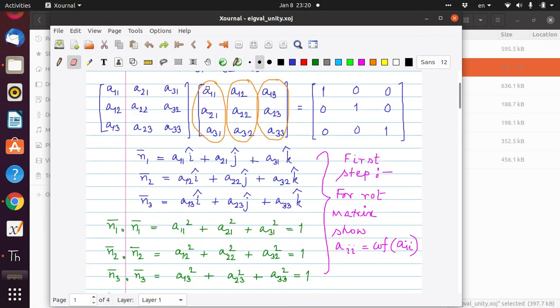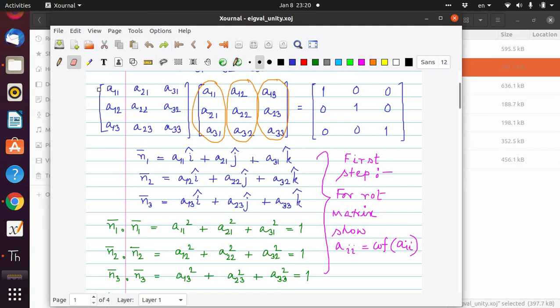So now let us form a vector n1 from the first column. Similarly, n2 is a vector formed from the second column, and n3 is a vector formed from the third column.